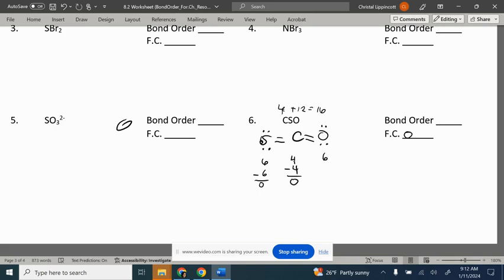Oxygen is in the 6th column, so it has 6 valence electrons. We're going to count these. 1, 2, 3, 4, 5, 6. 6 minus 6 is 0. Then we go along the bottom here to find out the total formal charge for this entire molecule. The entire molecule then, 0 plus 0 plus 0 is 0.